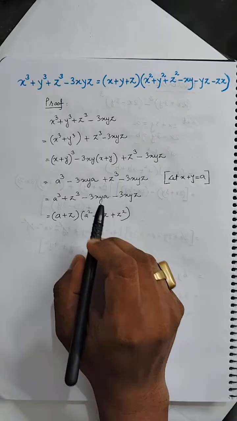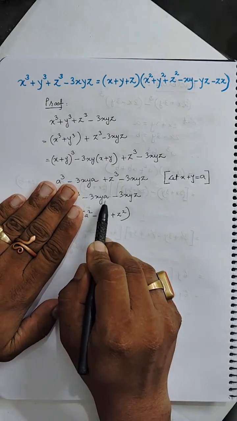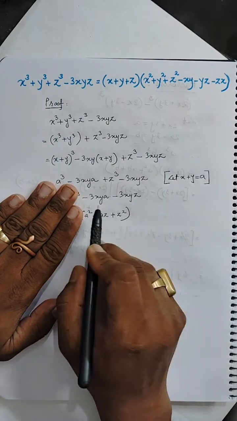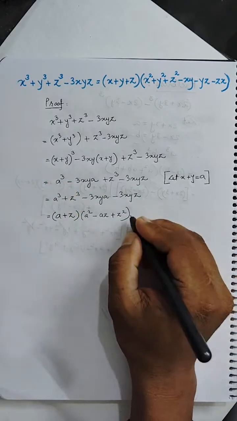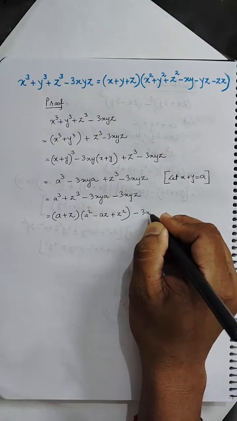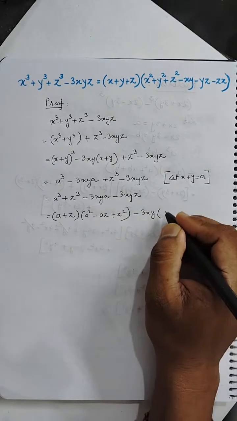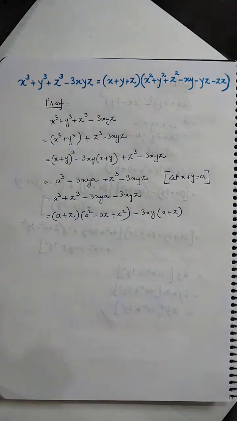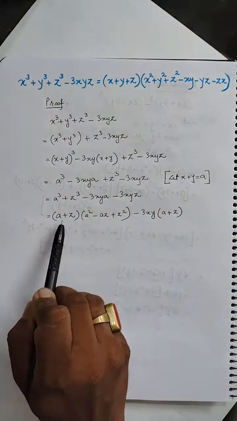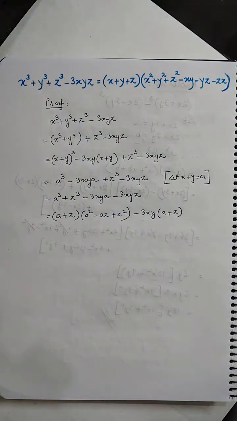Okay. So the remaining two terms are minus 3xya and minus 3xyz. We can take 3xy along with the negative sign, so I will write minus 3xy as a common term and then a plus z. Now in these two terms we have a plus z as a common factor.